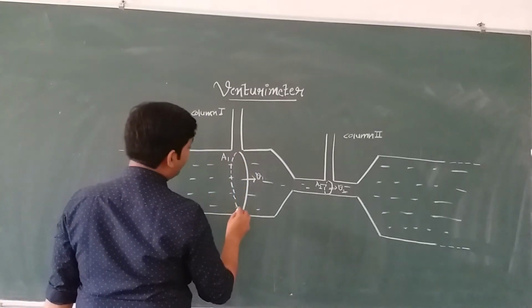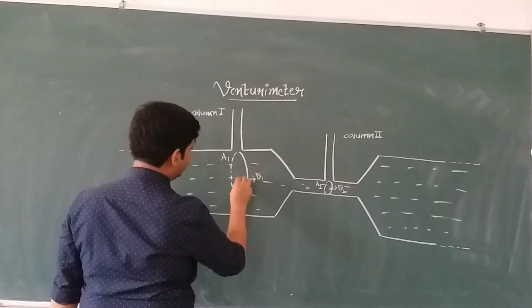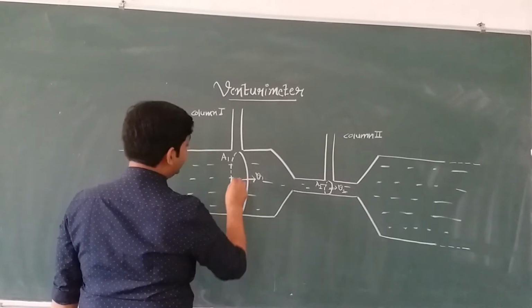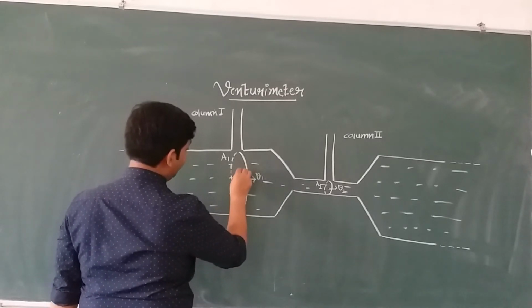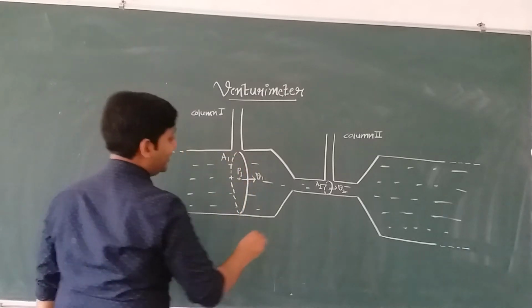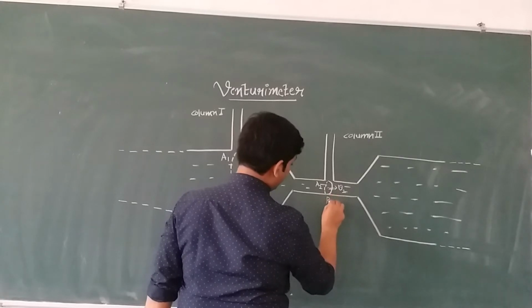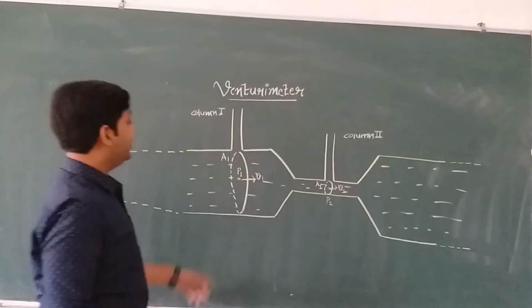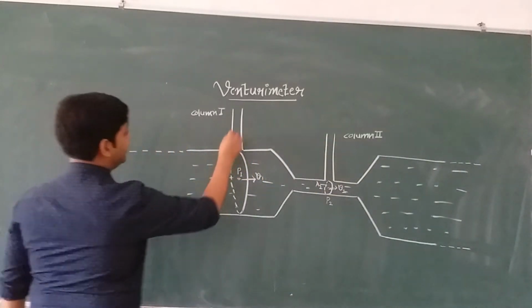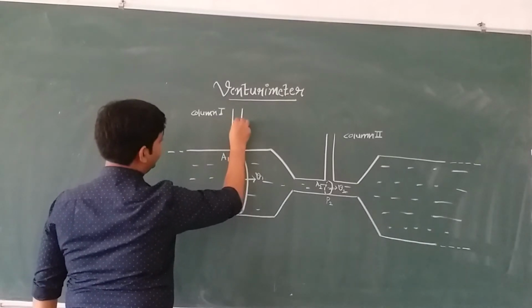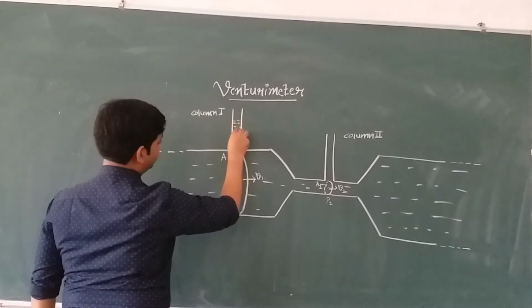So we consider one point right here. Let's say the pressure at this point is P1, and the pressure at this point is P2. Now, due to this pressure, the liquid gets filled in this column.